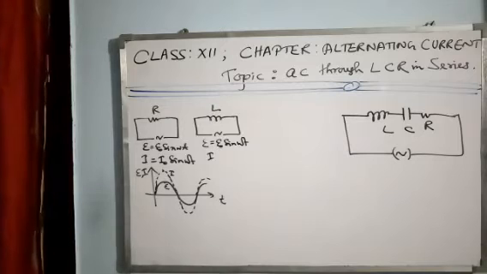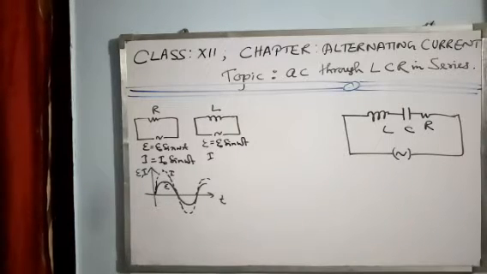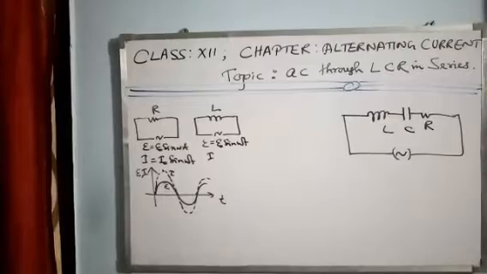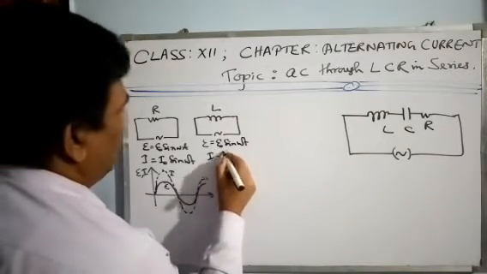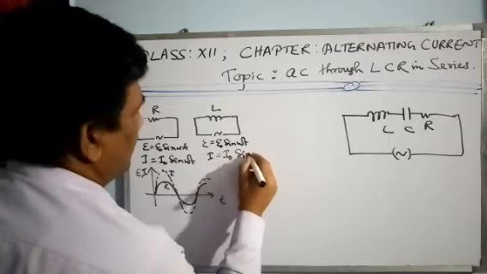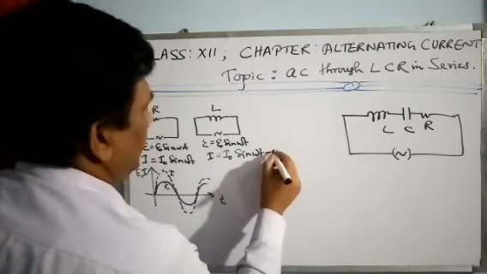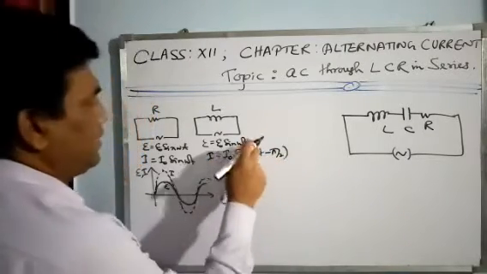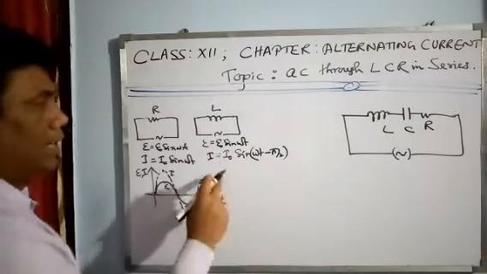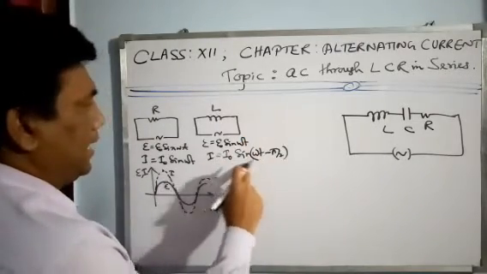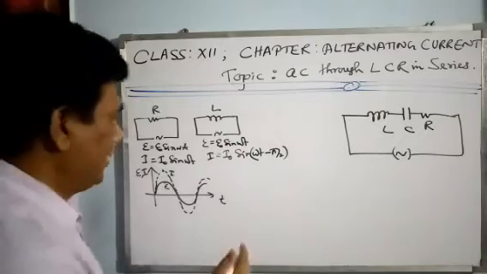And the corresponding I will be found as we have already discussed. Okay, we have discussed I will be equal to I naught sin omega t minus pi by 2. It means they are not in the rhythm. Okay, the current is lagging the voltage by pi by 2.